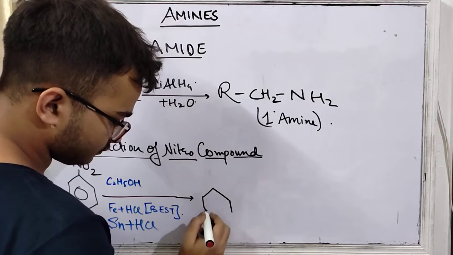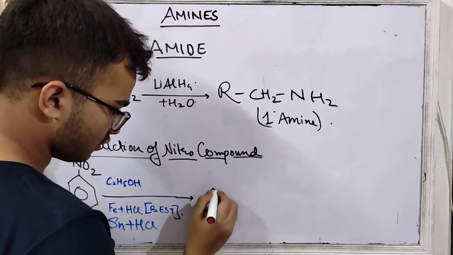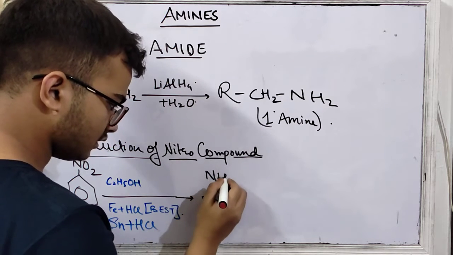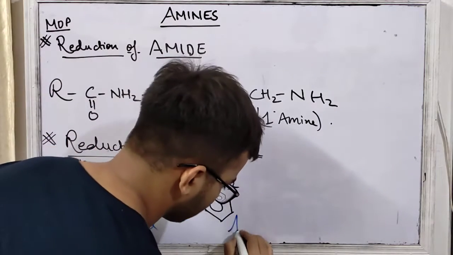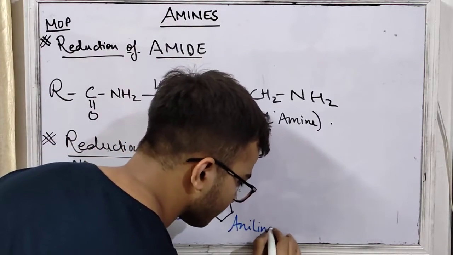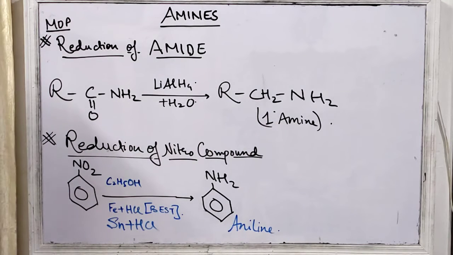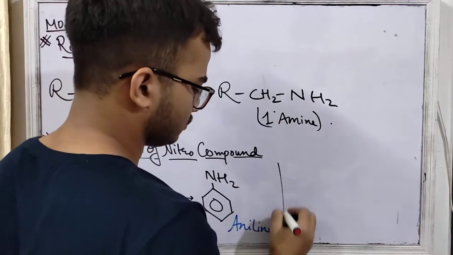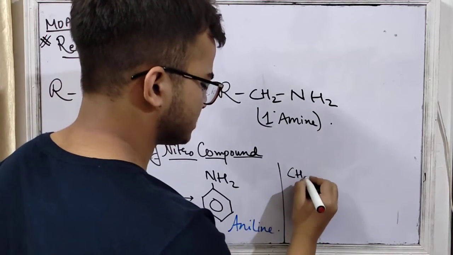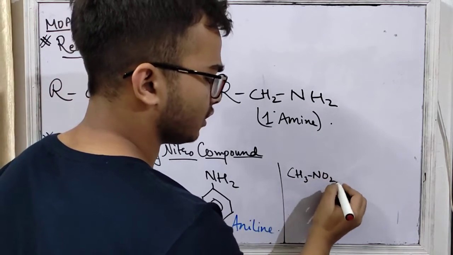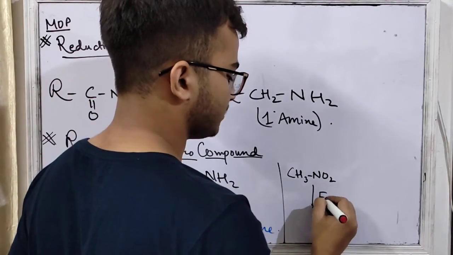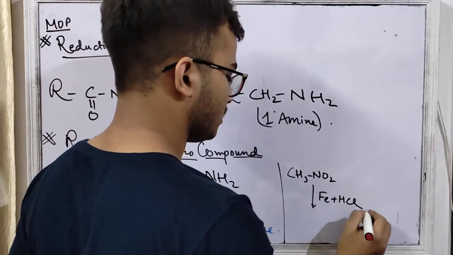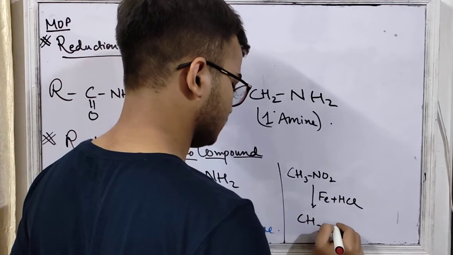Clear? Now, if you want to do it with CH3NO2, it is also possible. Since Fe plus HCl is the best method, if you take that, you will get CH3NH2.